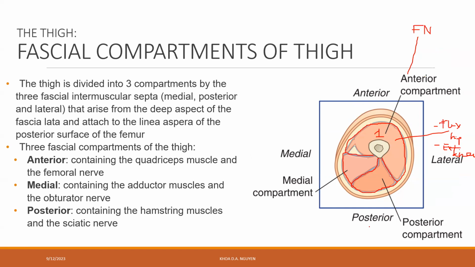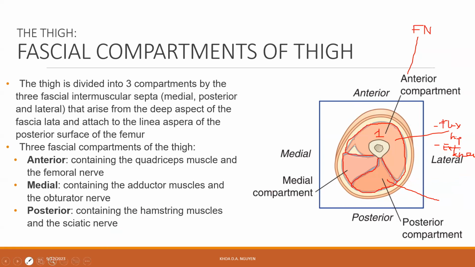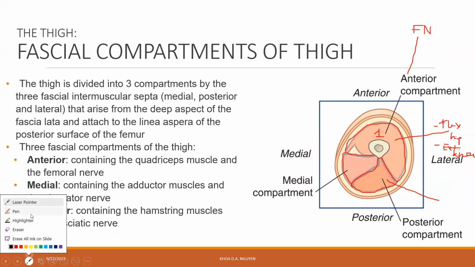Now the posterior compartment, what does it do? The posterior compartment is going to have the opposite action to the anterior compartment. It's either extend the hip, or actually it may not be extending the hip. I'm sorry about that. Extending the hip is more of the gluteal compartment, which is superior to the posterior thigh.